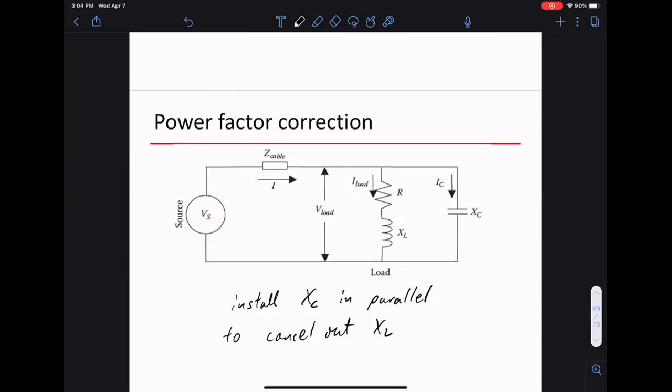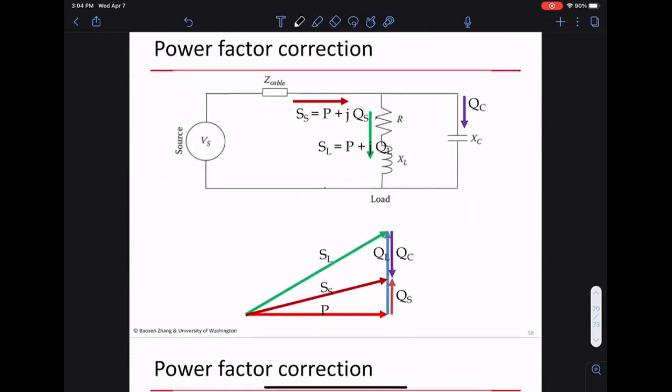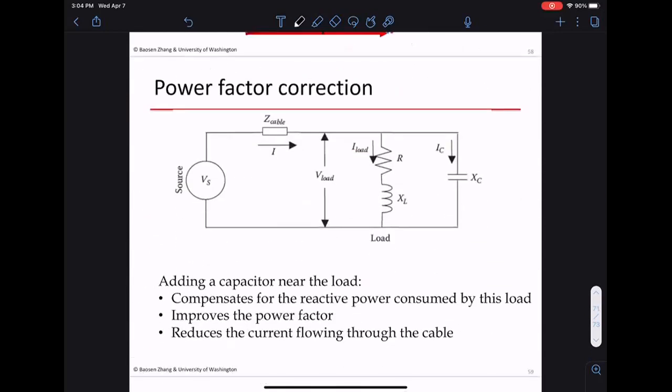They can cancel each other. Normally, what we do is we add a big capacitor close to the load to reduce the current flow in the line, to improve the power factor, to lower loss, to compensate for voltage. This is often called reactive power compensation, or voltage regulation, or power factor correction. There are a lot of names for this.